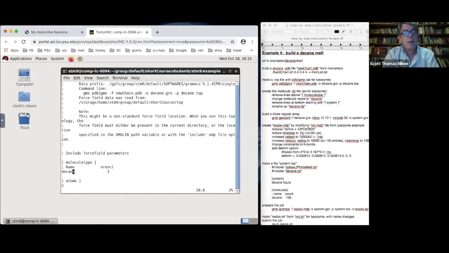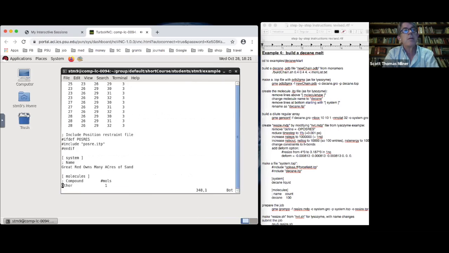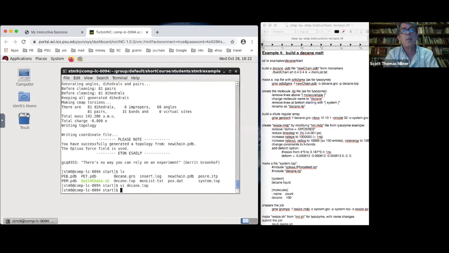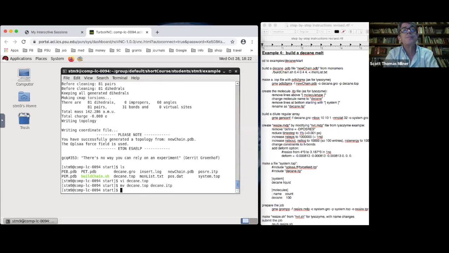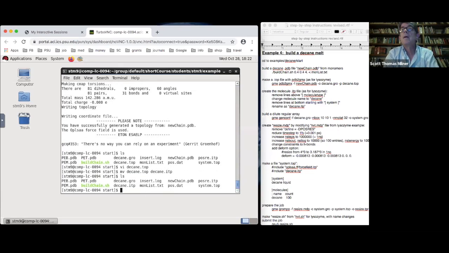Then I go down to the bottom and take out the part that would define the system, like so. And then I change the name of this to Deckhane.itp, like so.